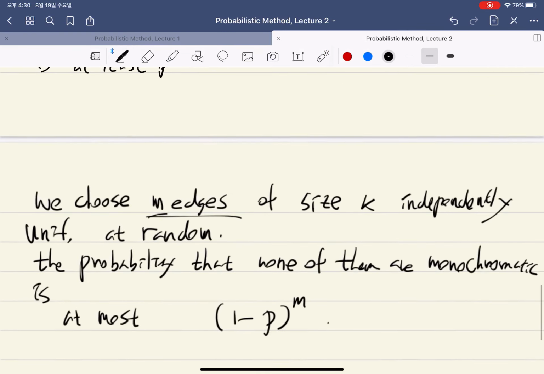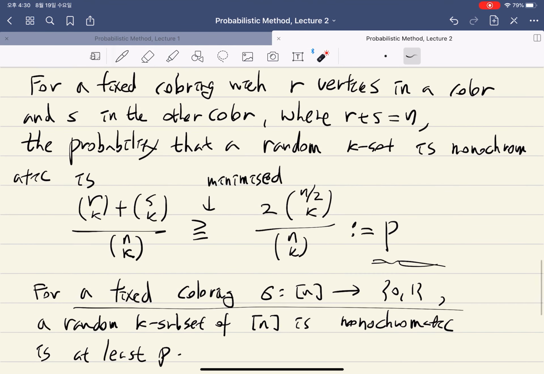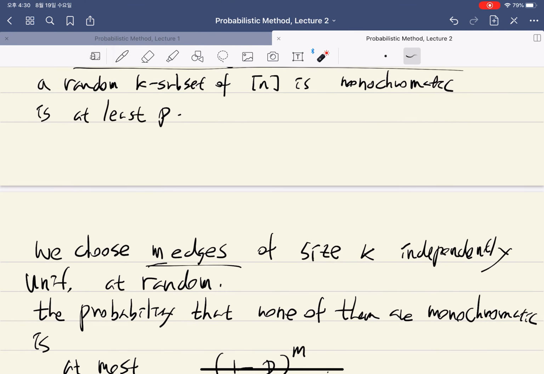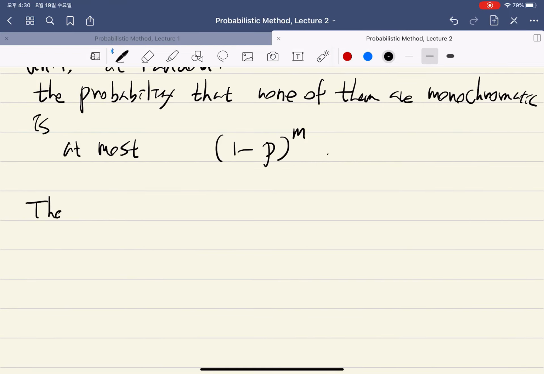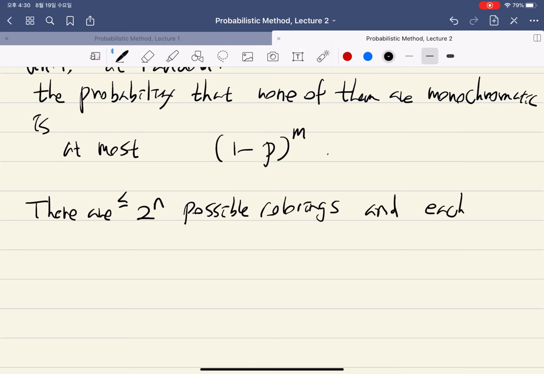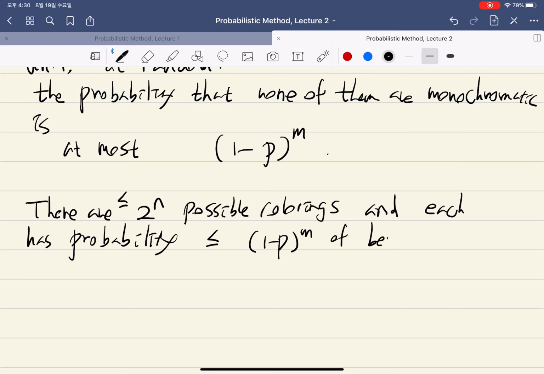Now we want to apply the union bound. How many colorings are there? There are at most 2 to the n possible colorings. And each has probability at most (1 minus p) to the m of being a proper two-coloring.